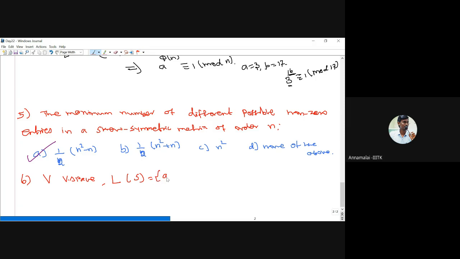So it's nothing but a1 x1 plus a2 x2 plus etcetera plus an xn, such that these xi's vary in S and the a's are scalars.